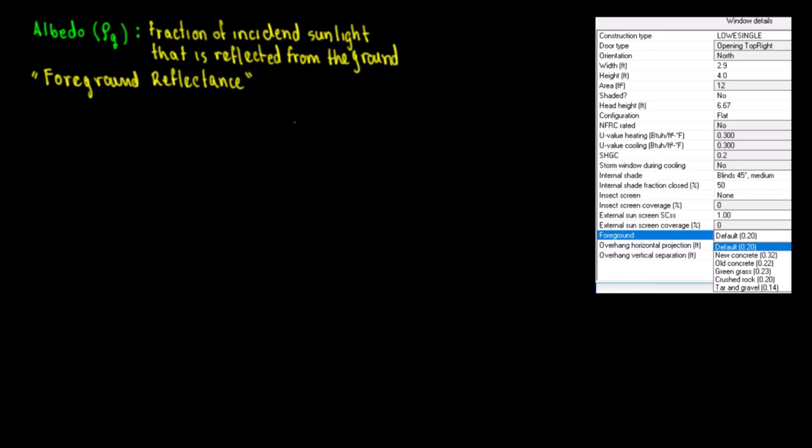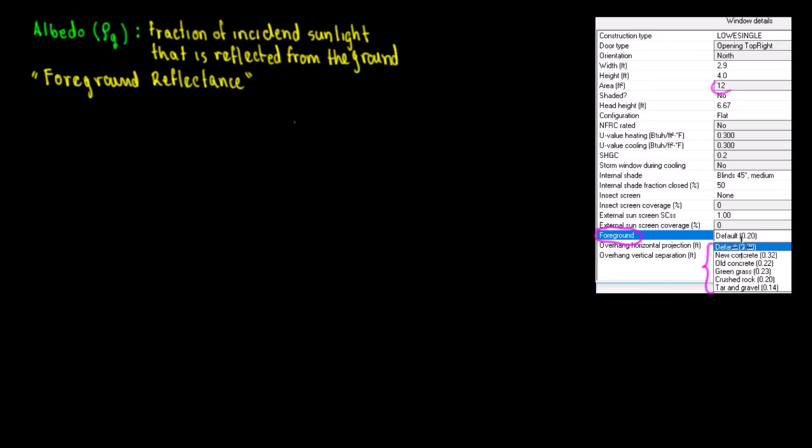In pink, what we have is the properties of the window: construction type, low E, emissivity, the orientation, the height, the area. But most importantly, there is one part that says foreground. That's related to the foreground reflectance, and that depends on the ground itself.